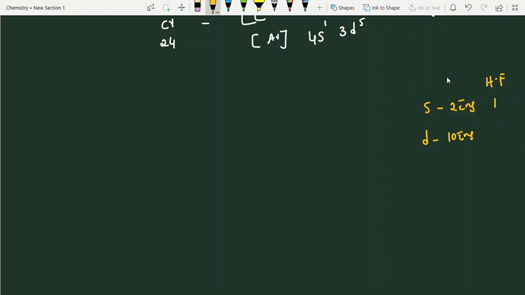This is fully filled or completely filled, right? Half-filled here means 5, completely filled means 10. See, I am writing the reason.